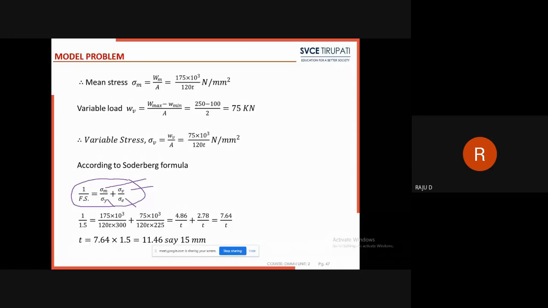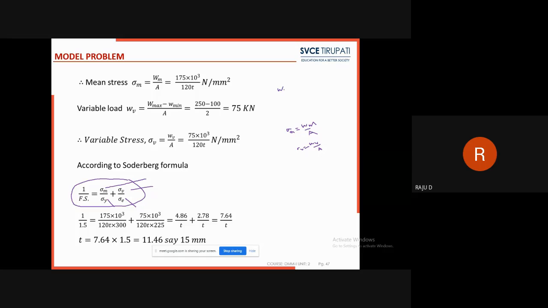It is load by area, W by A. But they will give two loads. Sigma mean is equal to W mean by area, and for the variable stress it is variable load by area. How are we going to calculate the mean load and variable load? Anyone?